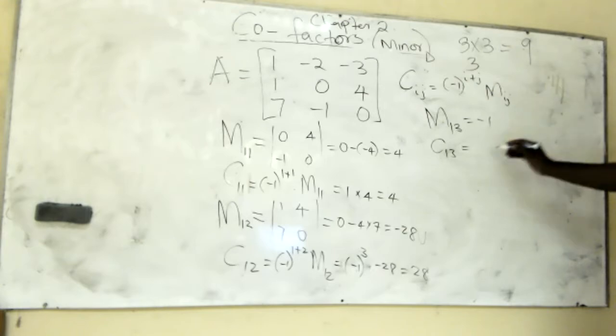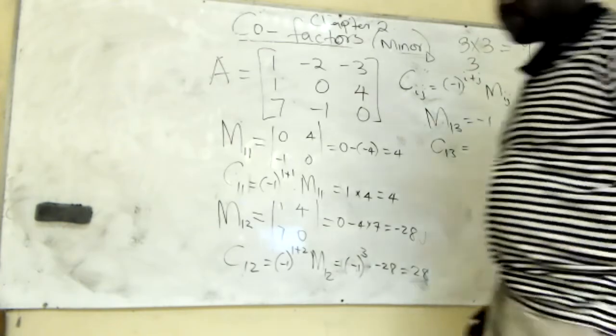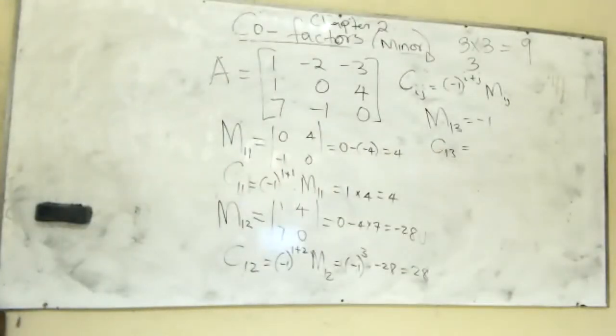Then 3, and -3? No, it can't be 3. Wait. One.